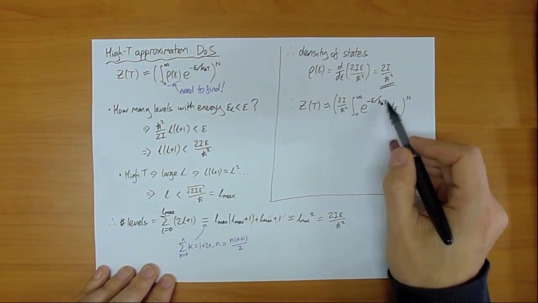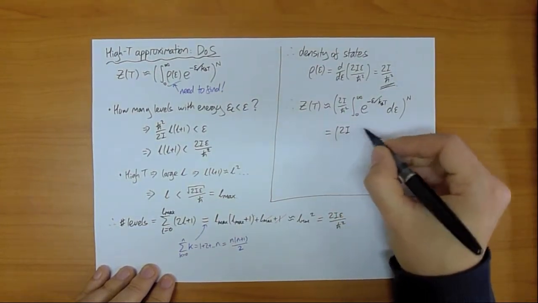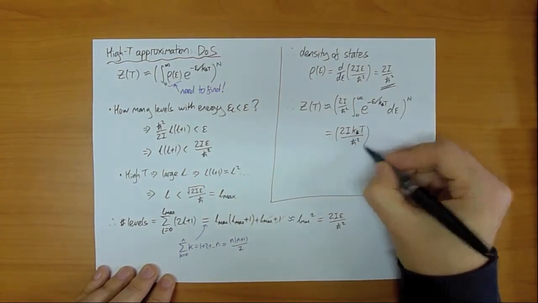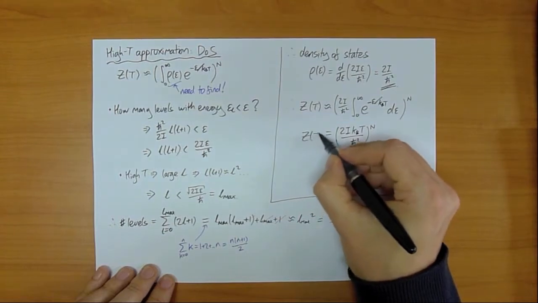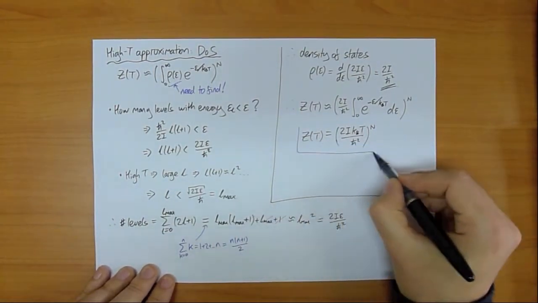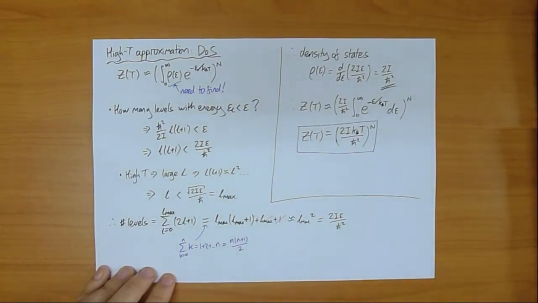This just gives me k_B. So the final result is that this is equal to 2I k_B T over h bar squared, all to the power N. This is our final approximate form for the partition function, which is valid for high temperatures.